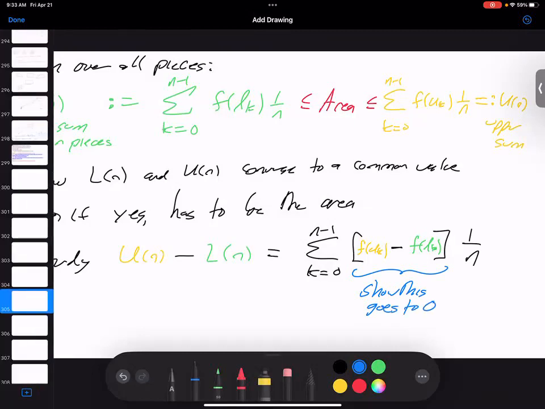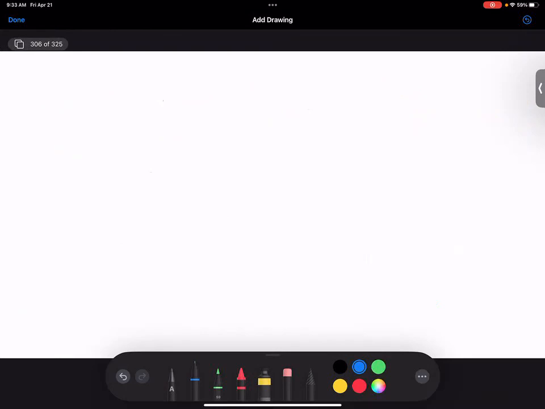Okay, so if we're going to do that, let's study, I'm going to stop using colors now, f of u_k minus f of l_k. Can anybody think of a theorem we can use to study this? What could we use to study this?